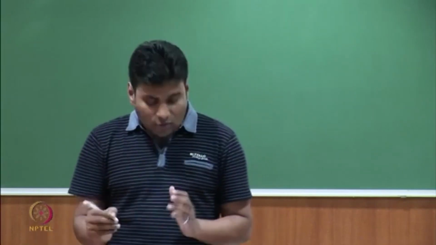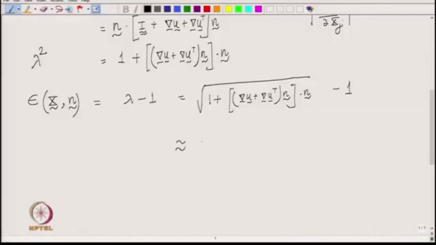You could approximate this as 1 plus grad u plus grad u transpose into n dot with n, and then you get a half also. For the square root you get a half, and then you have the higher order terms, but you neglect them because grad u itself is small, minus 1, and now you see the 1 goes away, right.